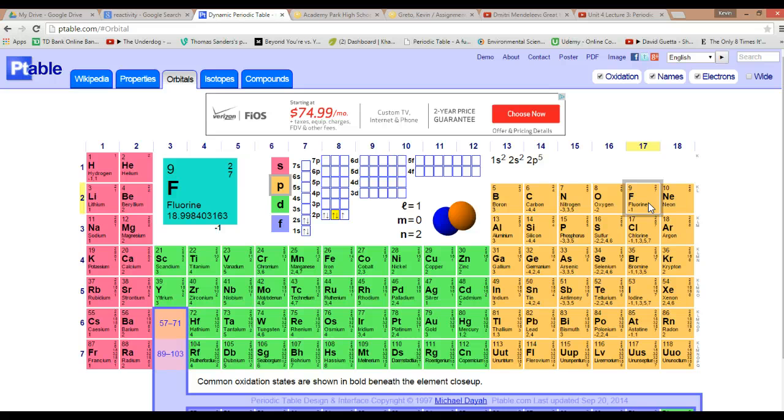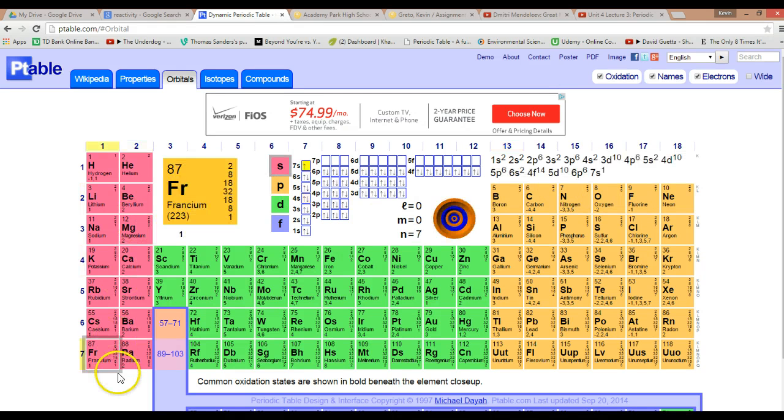One reason why fluorine has such a high electronegativity, and why electronegativity increases going from left to right, is because of these electron orbital filling diagrams. If you see, fluorine just needs one more electron, one more down arrow, to make it stable. It wants to be just like neon, right? It really just needs that little bit of electron and then it can be stable. And that's going to be the main reason that it has such a high electron affinity.